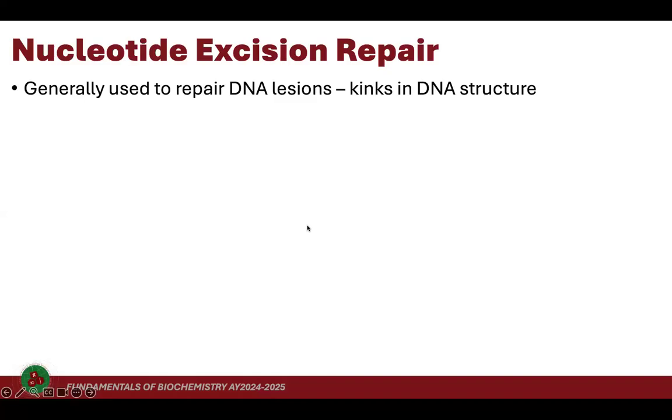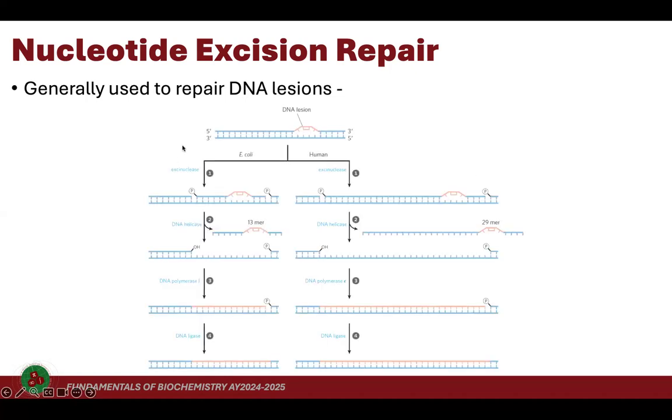The next repair mechanism is nucleotide excision repair. This is generally used to repair DNA lesions, which are kinks in the DNA structure. So generally, what happens here is that your excision nuclease cleaves a segment of your strand which contains the lesion.